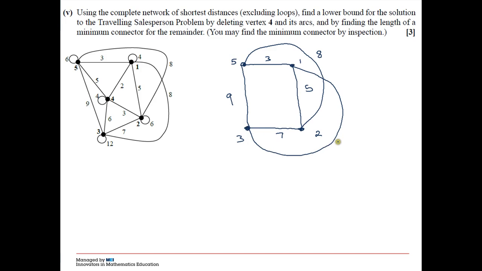The fact that the edges cross doesn't matter. So we just pretend that 4 isn't there.